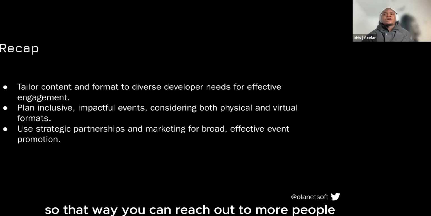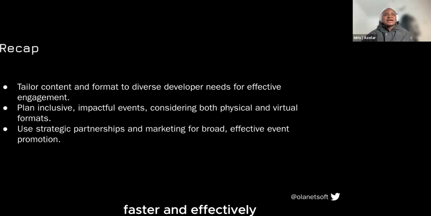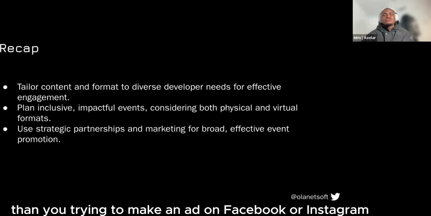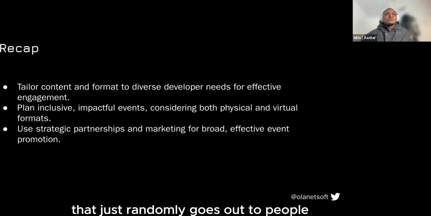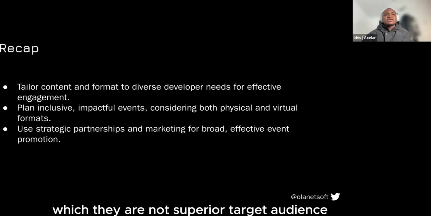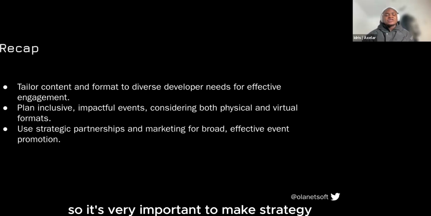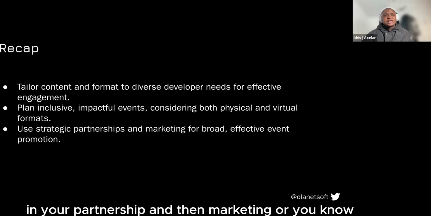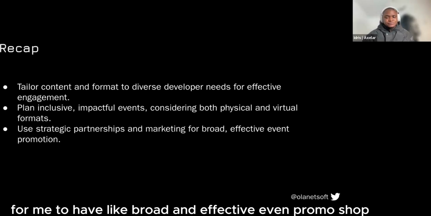That way you can reach more people faster and more effectively than trying to make an ad on Facebook or Instagram that just randomly goes out to people who are not even your target audience. You understand? So it's very important to make strategic partnership and marketing for broad and effective event promotion.